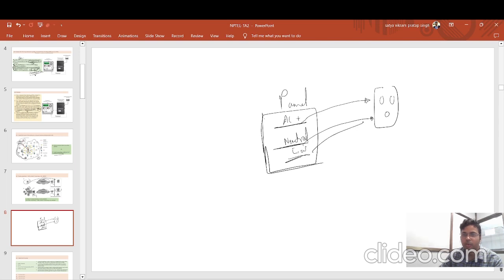So if you see, there are multiple kinds of systems. If you connect this system, there is some issue with this system here.